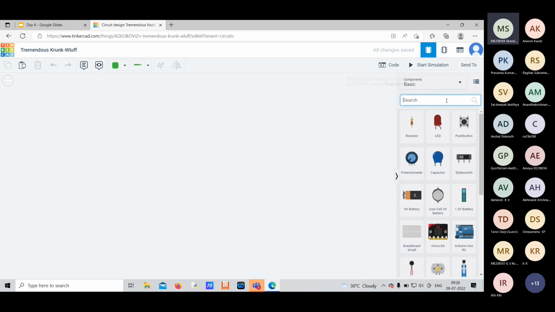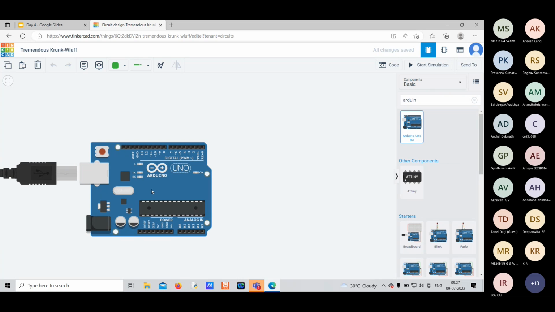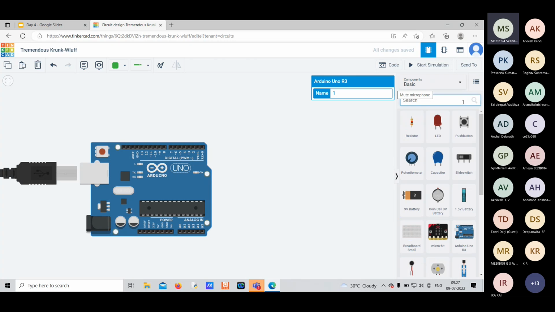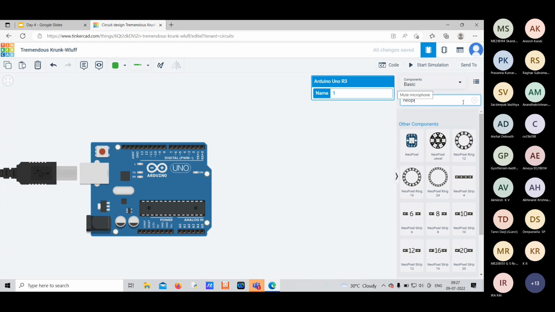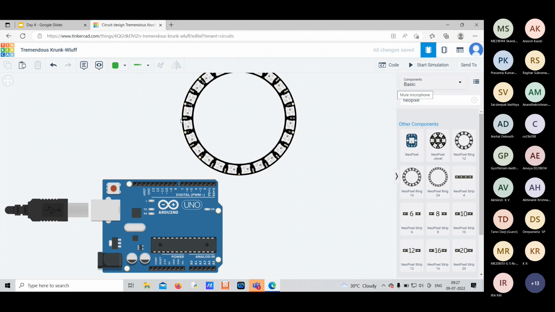So as usual, we'll begin with taking Arduino. Then, as I've shown you guys, the NeoPixel, take the ring for them.